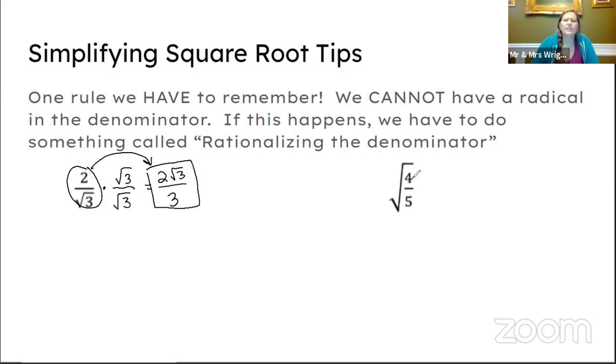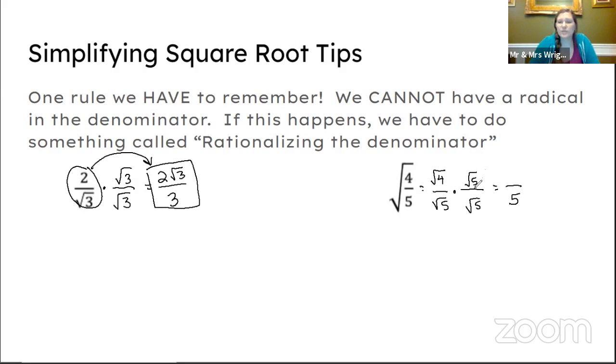Okay, so here we have radical 4 over radical 5. And remember, we can write this like this. It's the same exact problem, just a little easier to work with. And we're going to multiply it by radical 5 over radical 5. Okay, and in this case, on the bottom, a pair of 5s will become 1 and move out of the house, becomes a single 5. 4 times 5.